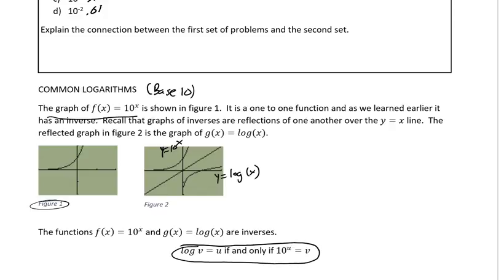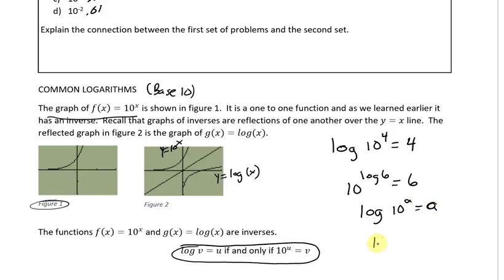A couple of the things that we know are things like this: the log of 10 to the fourth power is 4, and 10 to the log of 6 is 6. Those are the two general rules. Essentially what's happening is the log and the 10 are canceling each other out, and what's left is the 4. Same thing here: the 10 and the log cancel each other out, and what's left is the 6. We'll have a general variation of that in a few minutes.